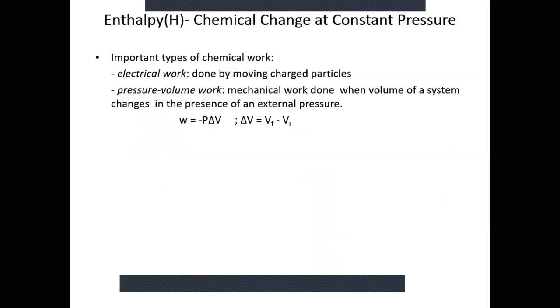One type of state function we're going to talk about is the energy change of a chemical change at constant pressure, and that's called enthalpy. That's measuring the energy change. It should be energy, not chemical change. Sorry about that, another typo.